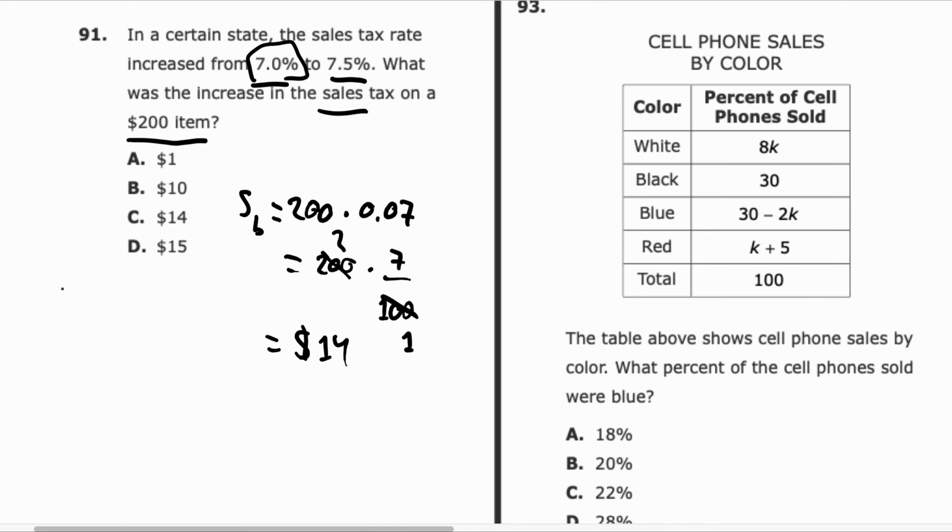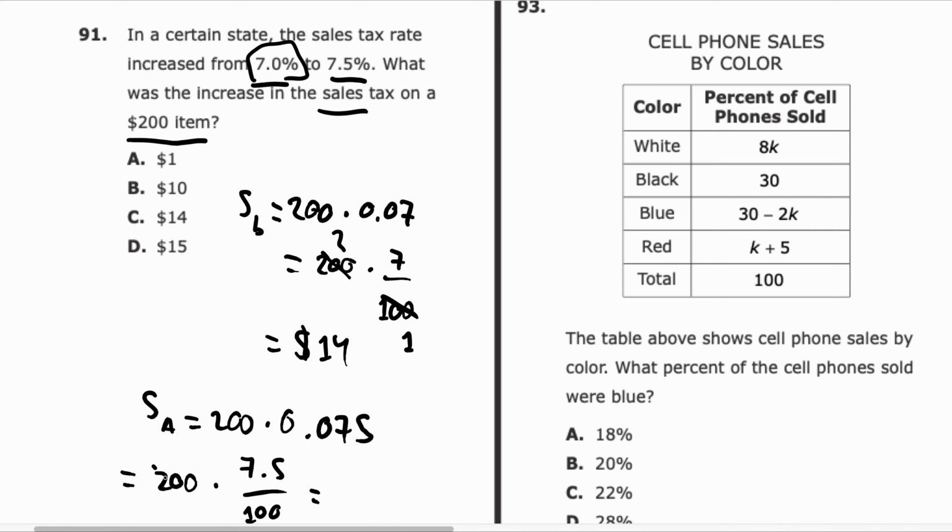So that was our previous sales tax. Now our new sales tax is 200 times 7.5 over 100, and that's just $15 now. So our sales tax increases from $14 to $15. So the increase is $1 for a $200 item.